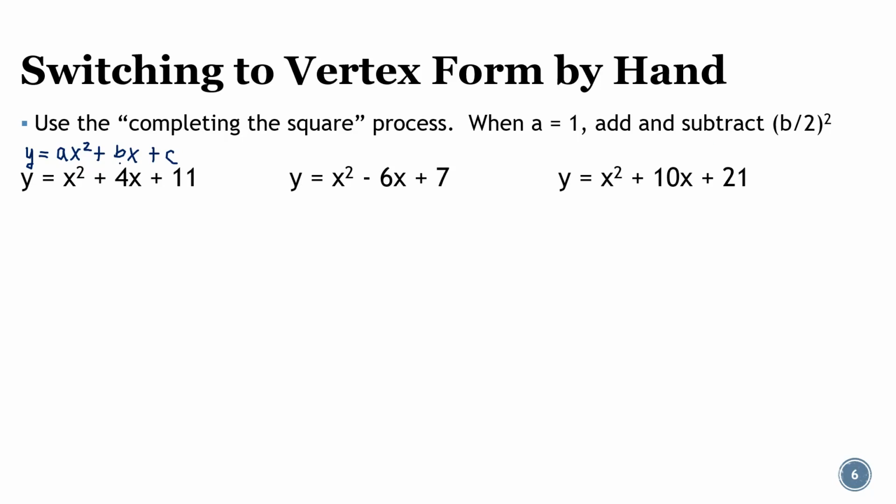So I look where my b is, and the coefficient here is 4. So I'm going to calculate b over 2 quantity squared. So then b is 4, so 4 over 2 quantity squared. So doing the math, 4 divided by 2 is 2, 2 squared is indeed 4. So it says to both add and subtract that.